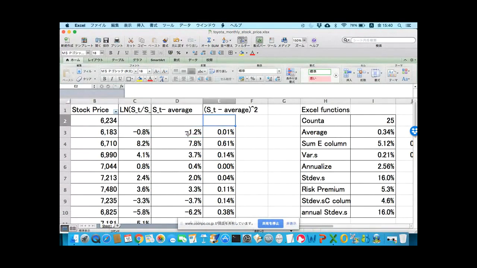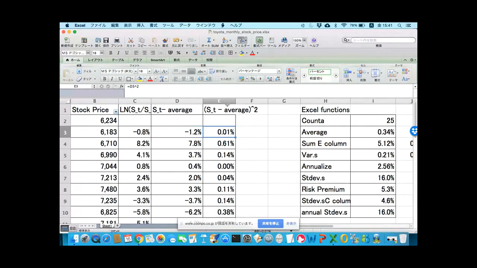So we square first. Squared means, for example, in cell E3 here, the result is 0.01%. It is the result of D3 times D3, which is negative 1.2 times negative 1.2.